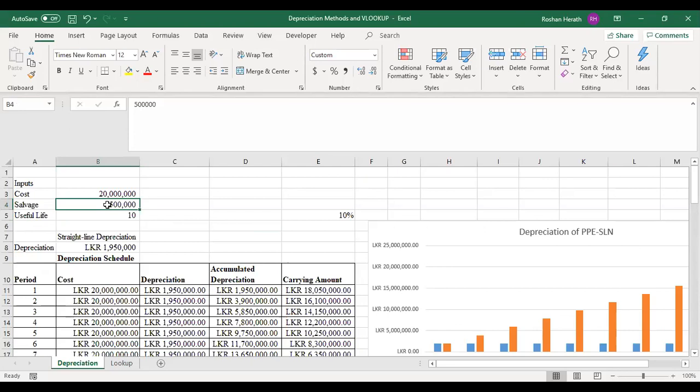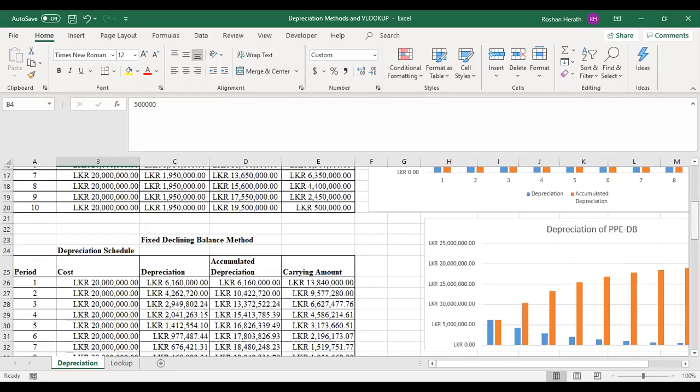In that instance, the double declining balance method is not going to work. That is the most important learning outcome you are going to have. Where the salvage value is comparatively low, you should not use the double declining balance.